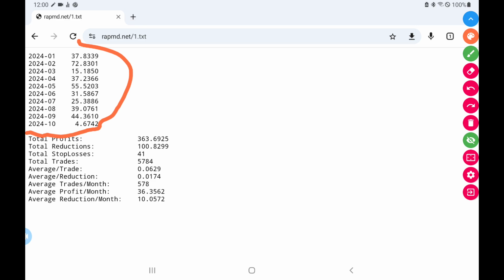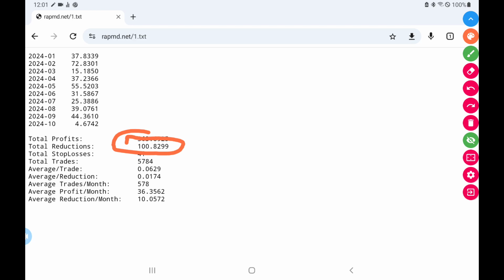Even though I did take 41 stop losses. 41 times the account has deliberately lost money. But you don't see it in the profit. That's because I've also taken $100 in reductions.